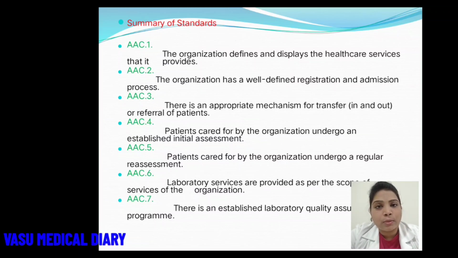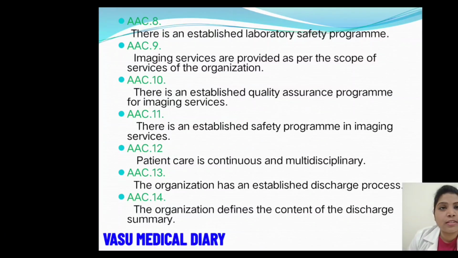There should be a quality policy which says at least once or twice yearly, your hospital lab should have an external quality assessment. Next point is AAC 8: there is an established laboratory safety program. For example, your lab should have safety measures like an eye washer.